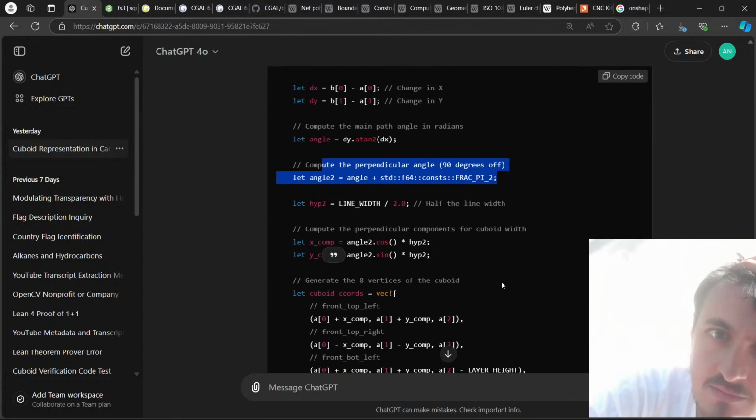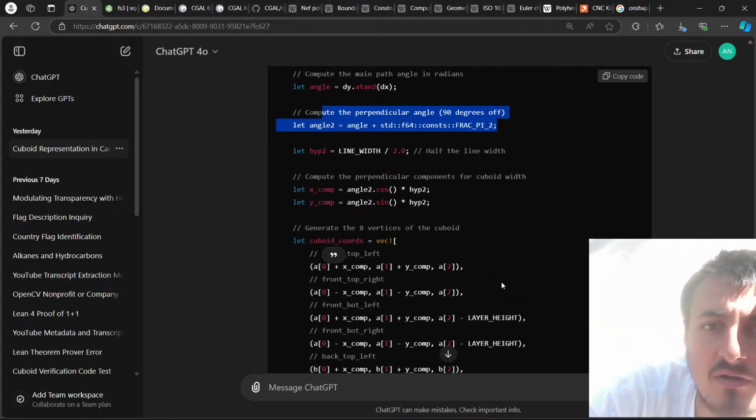Wait, but now it's not even doing the axis aligned part.